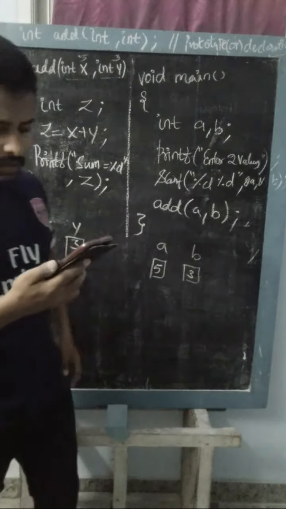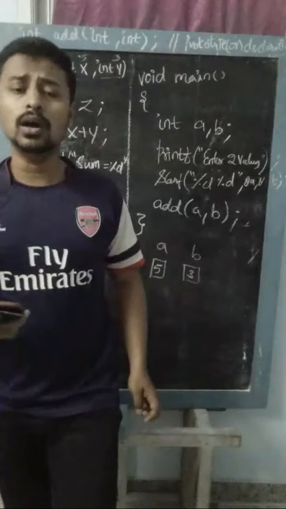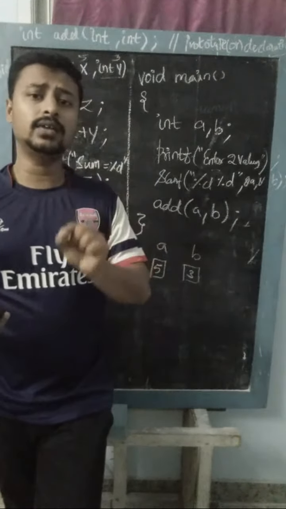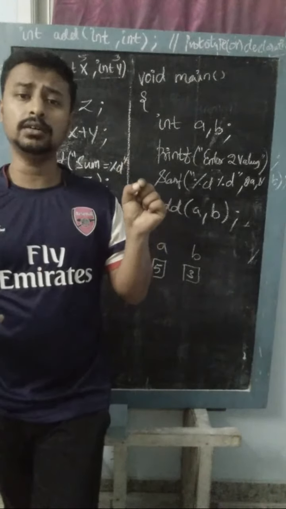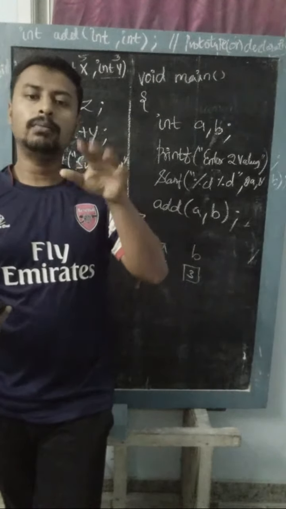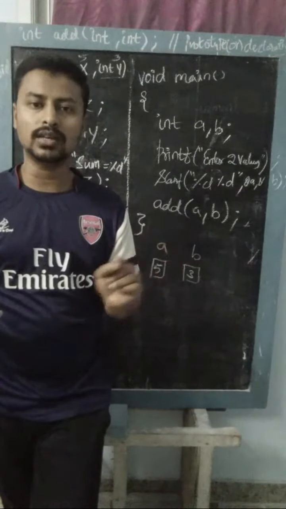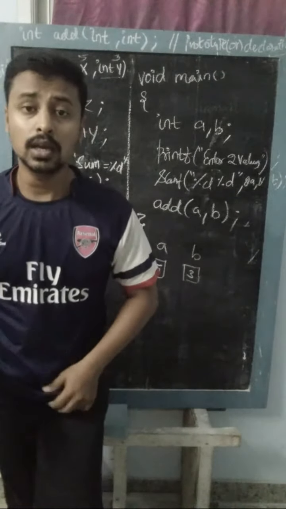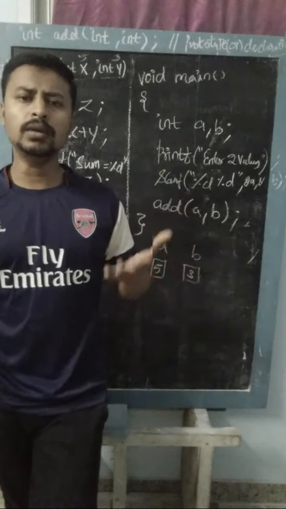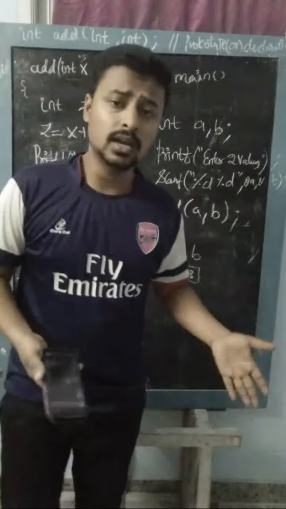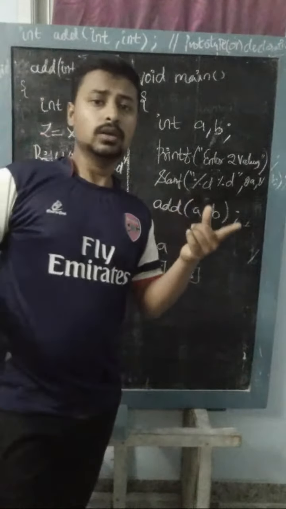Then Diyaji is asking how can we know when to declare and when not to declare. Diyaji, as I already told you, you have to write the function prototype and declaration at the time of the program, but whether we write it in the code in our notes, that is not mandatory, because there are so many formalities for the compiler.